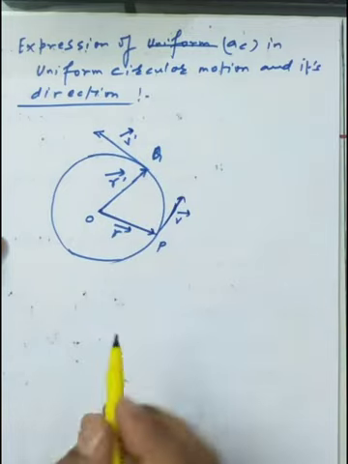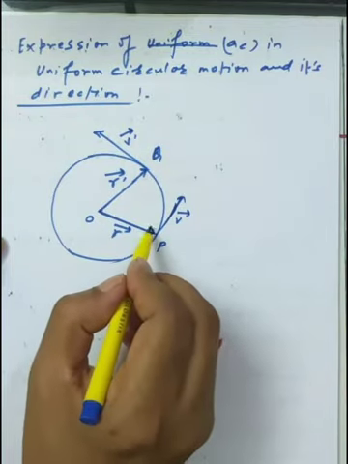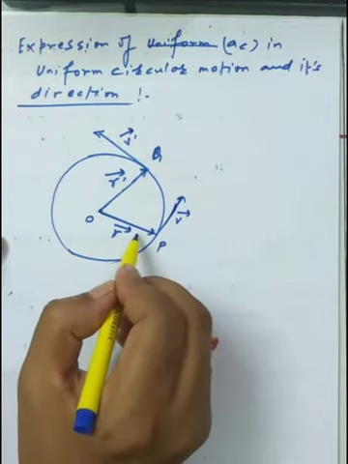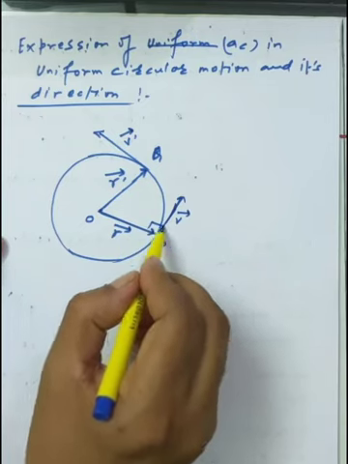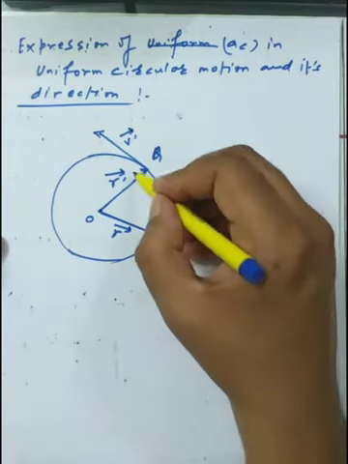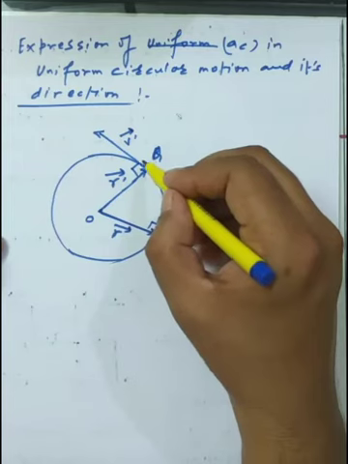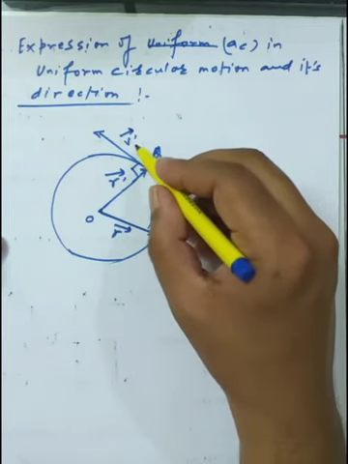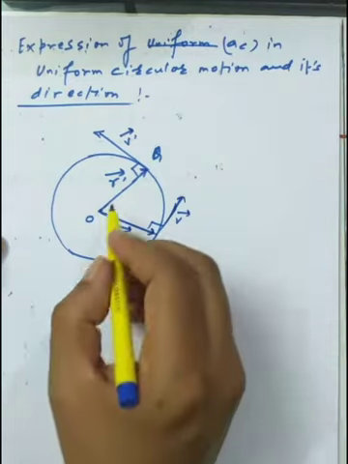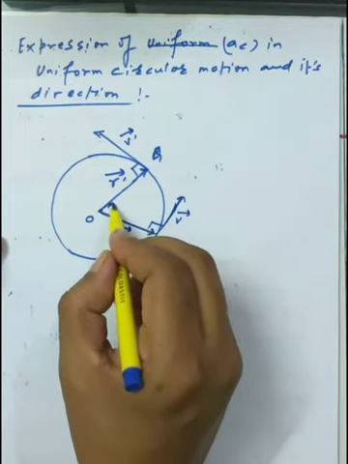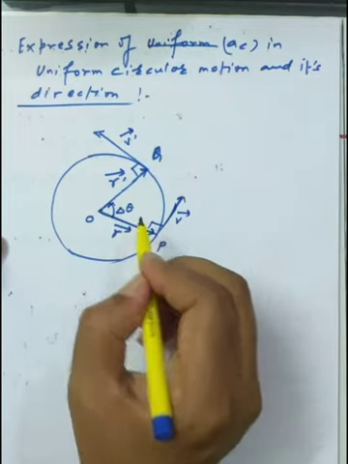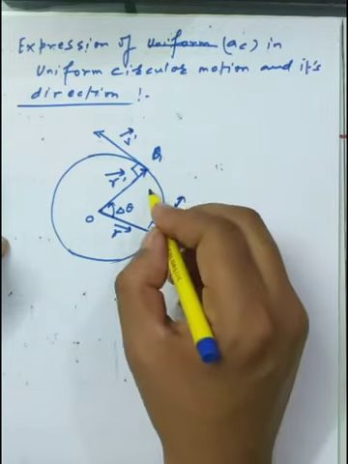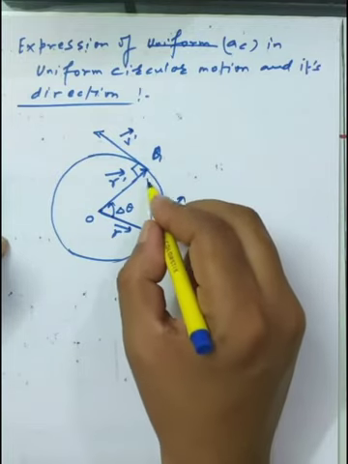Okay, so here we get one of the basic pieces of information: the radius vector r is perpendicular to the velocity vector v, and at the point q, here also the radius vector r dash is perpendicular to the v dash vector. So in the given interval of time, it makes an angle called delta theta. Okay, somehow we are making the displacement of a particle.